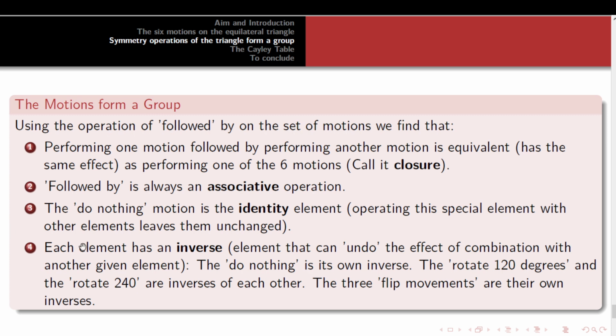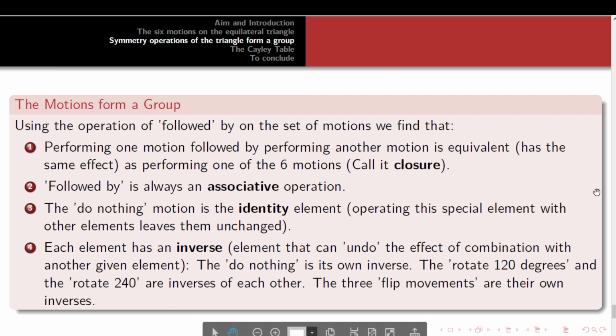Also each element has an inverse. That is, the inverse is an element that can undo the effect of the combination of another given element. For example, the doing nothing element is its own inverse. The rotating 120-degree motion is the inverse of the rotating 240-degree motion, and vice versa.